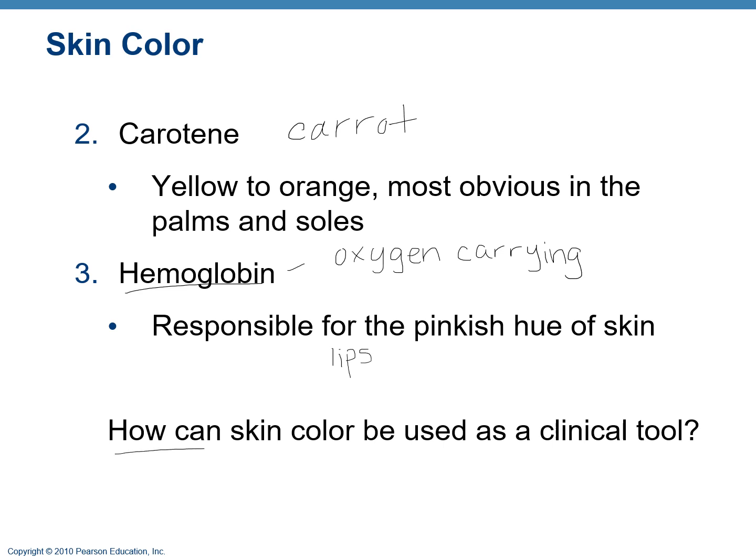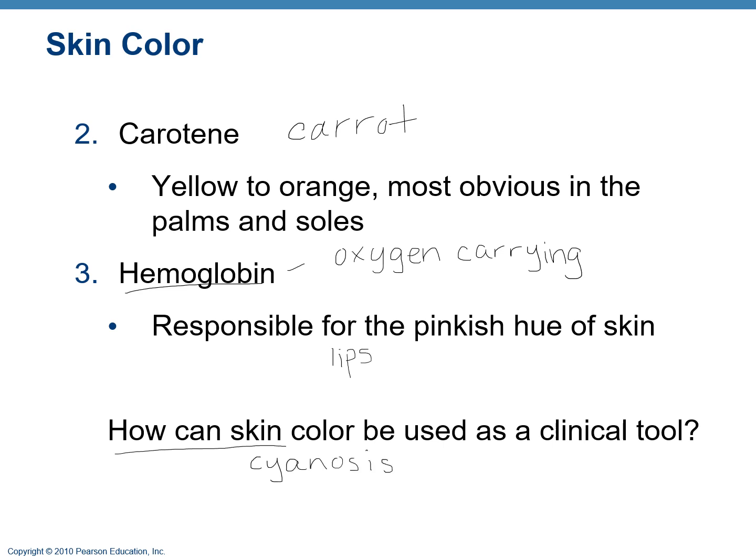There are also going to be a number of abnormal colorations due to a number of conditions that can occur. So how can skin color be used as a clinical tool? Some of you might already have an idea of cyanosis or jaundice, for example.